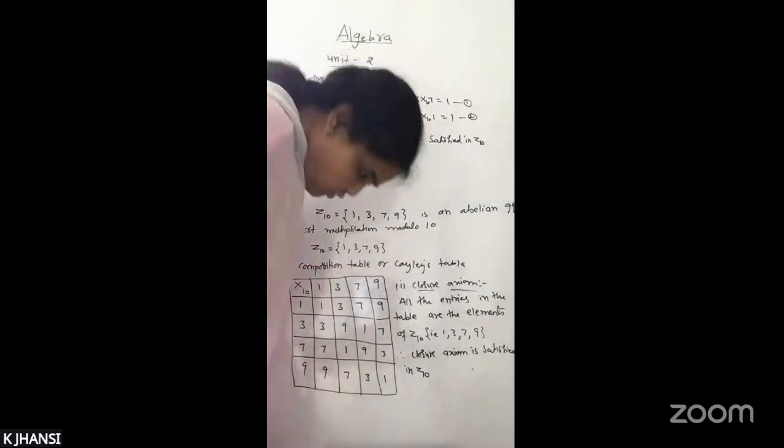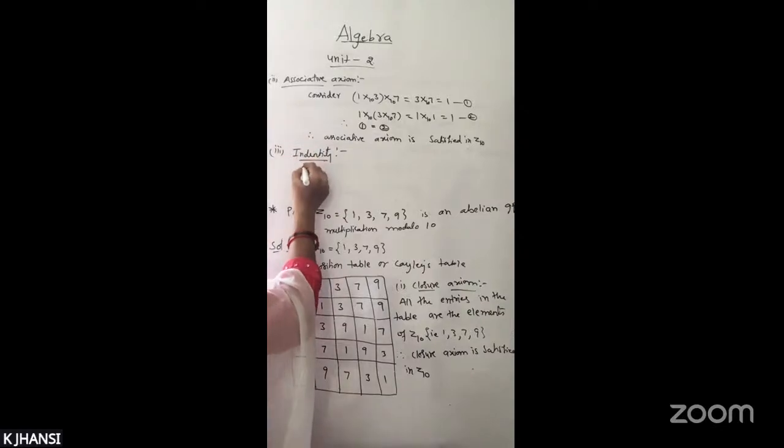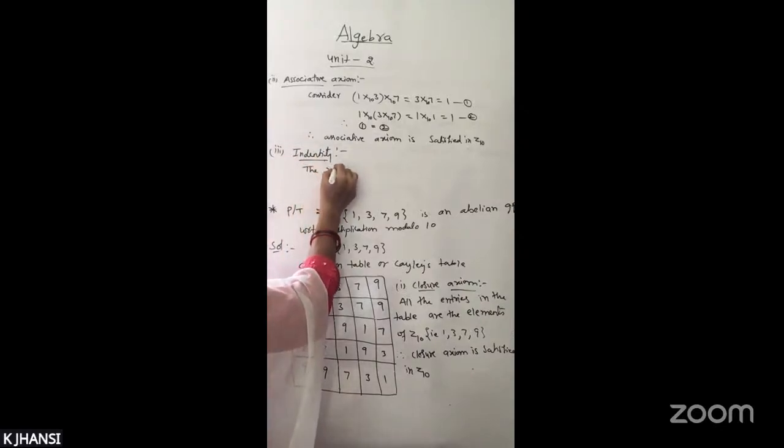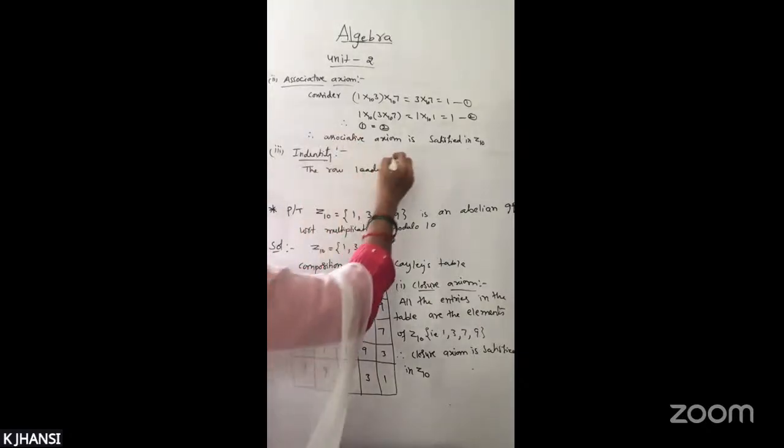The row headed by the element 1 is identical to the top row.